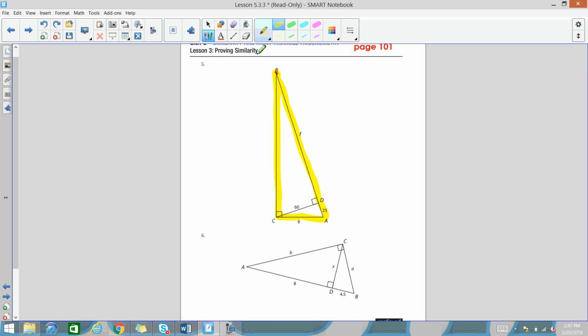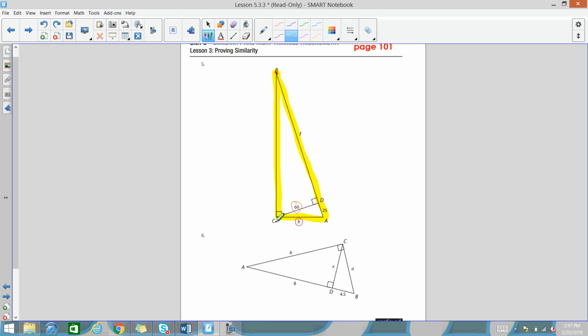you're going to say to yourself, I have a variable as a leg, and I don't have this leg, so I can either use a leg or I can use an altitude. Now what I always do is a quick test.